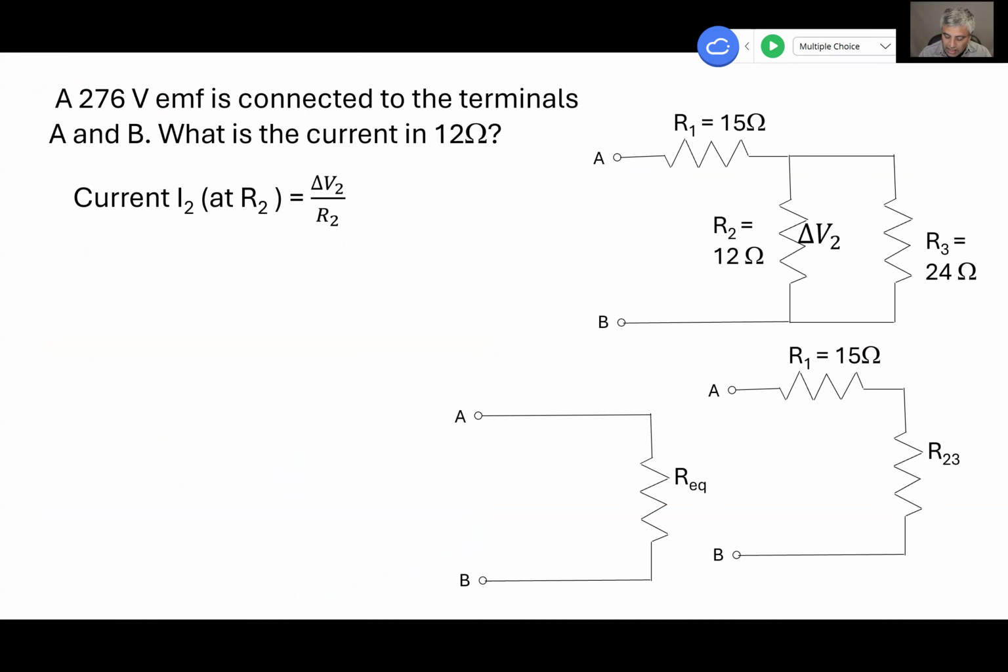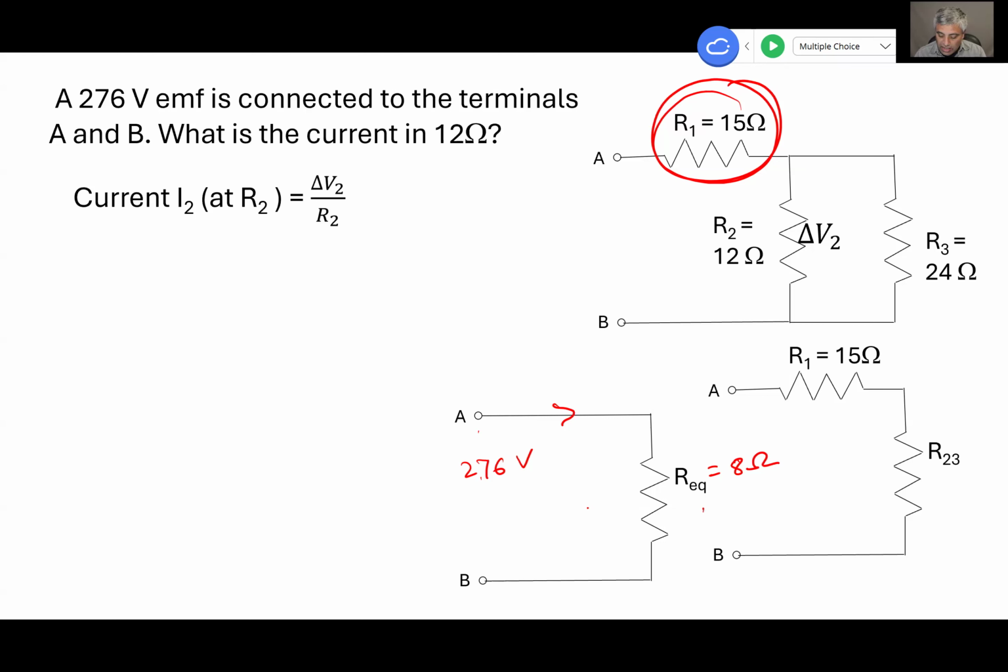So it's like saying now what I have is 8 ohm, and over here, this is 276 volts. Okay. So that way, now I can tell what current is flowing through this one, which is the same as whatever current flows here.